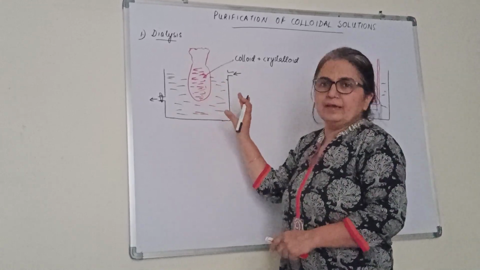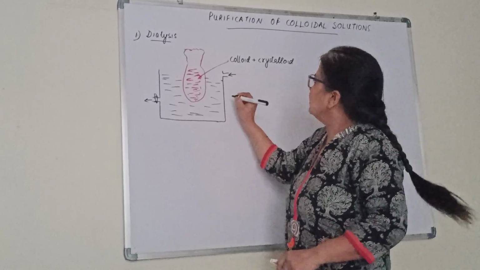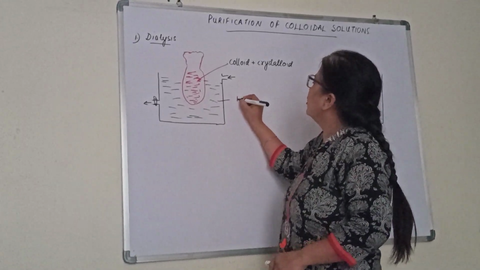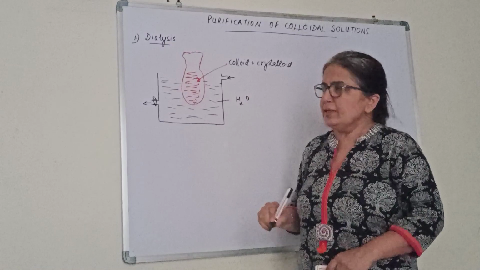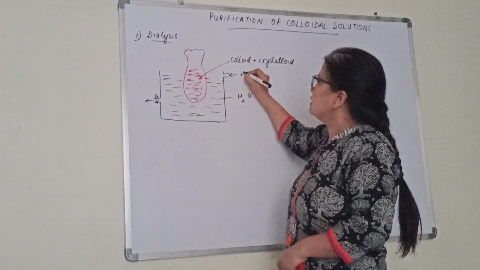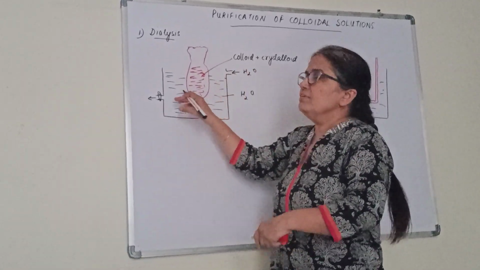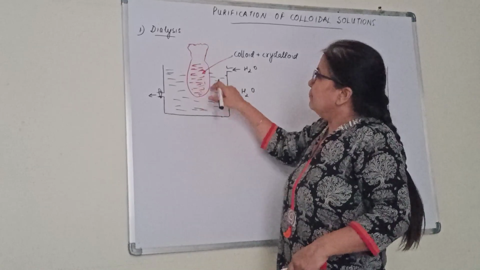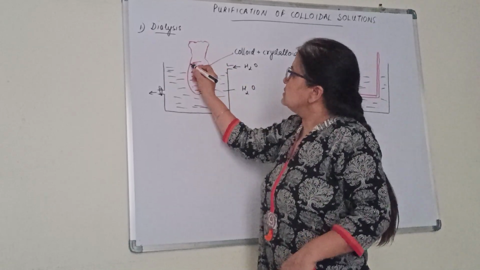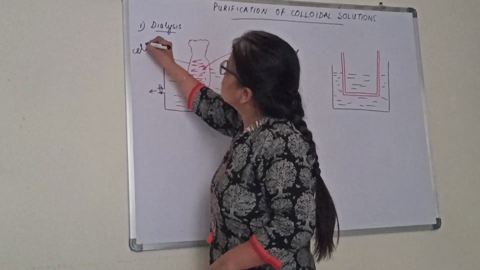So with the diagram we will try to understand. A container is taken in which there is water, distilled water basically. Water is circulated inside; we can say from here water is going inside. Why? We will discuss it. There is a bag made up of that cellophane sheet.